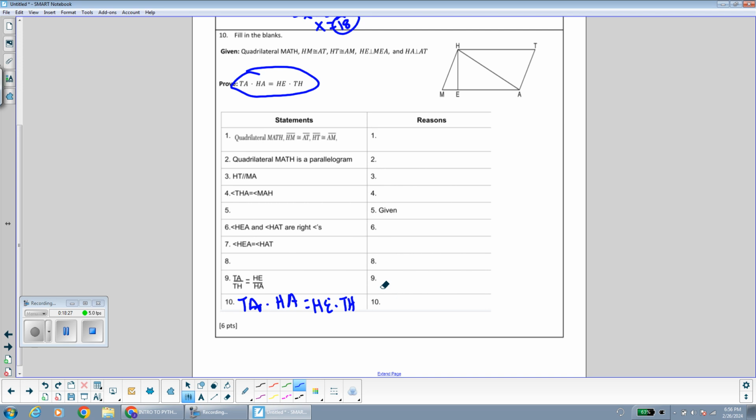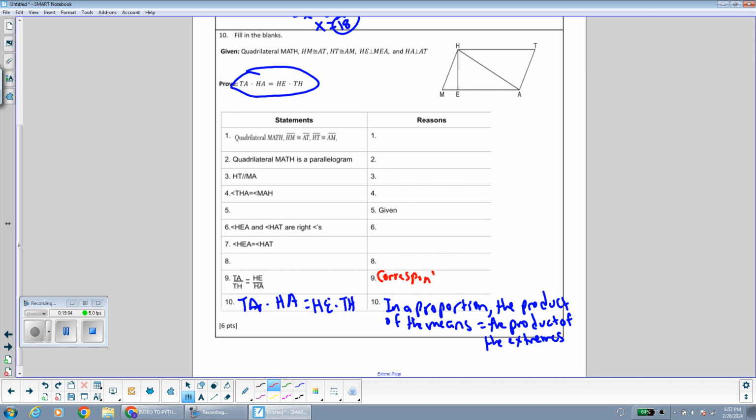What you do need to say is in a proportion, the product of the means equals the product of the extremes. And I know why the proportion is true because it's the same reason every time. We're able to prove a proportion because when we have similar triangles, corresponding sides are proportional.